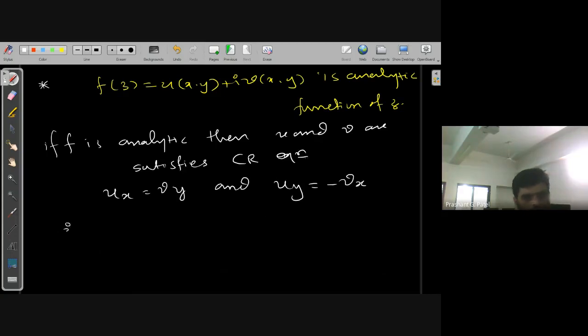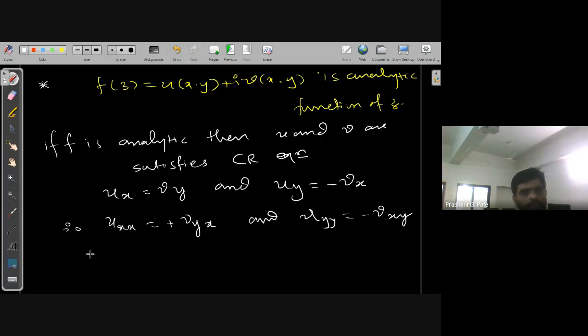Therefore, if I differentiate this a second time with respect to x, we have uxx equal to vyx, and if I differentiate the other equation with respect to y, we have uyy equal to minus vxy. And vxy is the same as vyx because v satisfies all the conditions for equality of mixed derivatives.